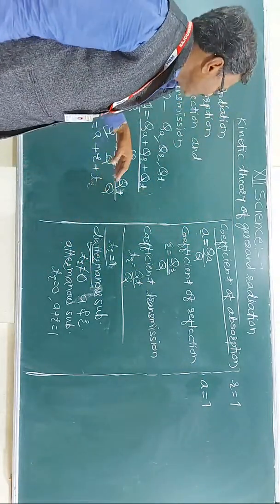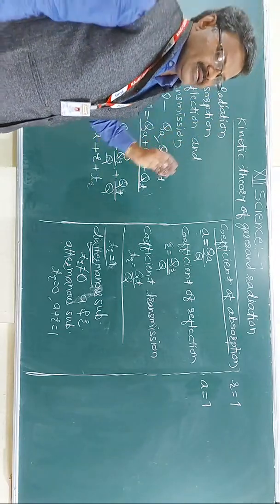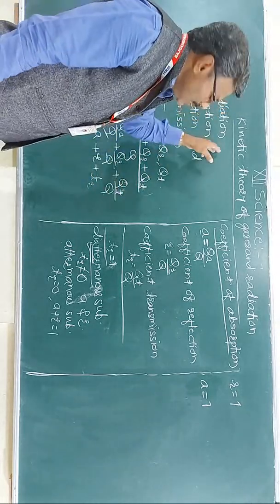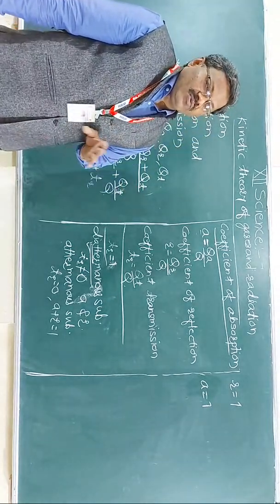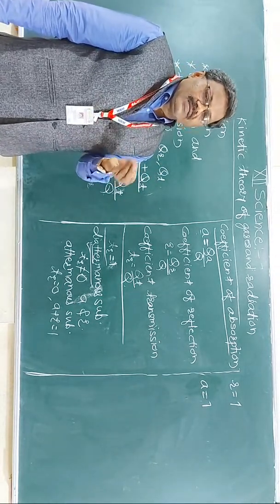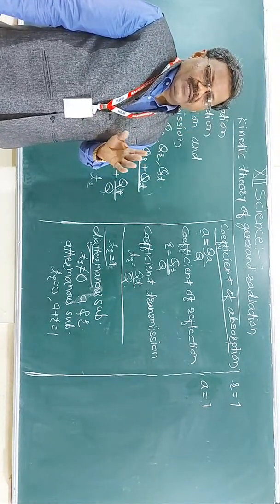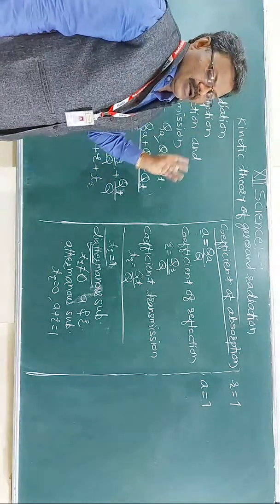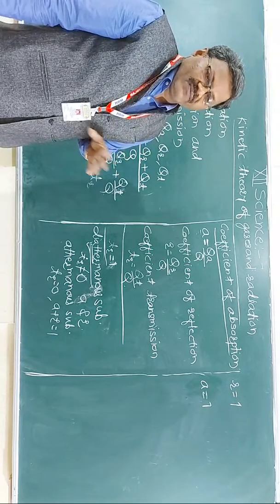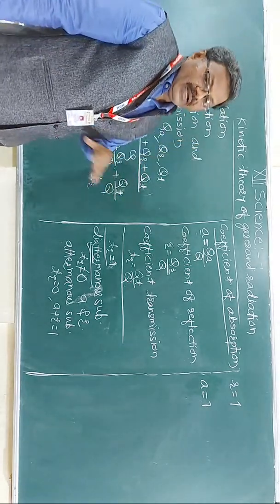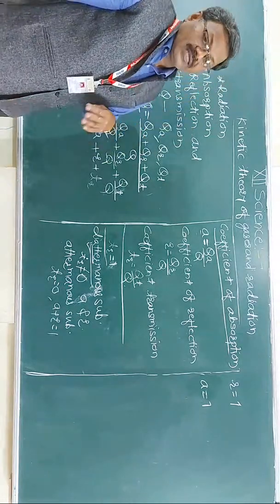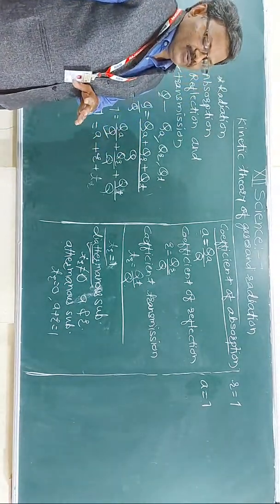Now, this is about radiation. Radiation is the third mode of heat transfer, and it is the fastest mode. Generally, we transfer heat by three modes: conduction, convection and radiation. Conduction and convection require a material medium for the transfer of heat, while radiation does not require a material medium for transferring heat from one place to another.